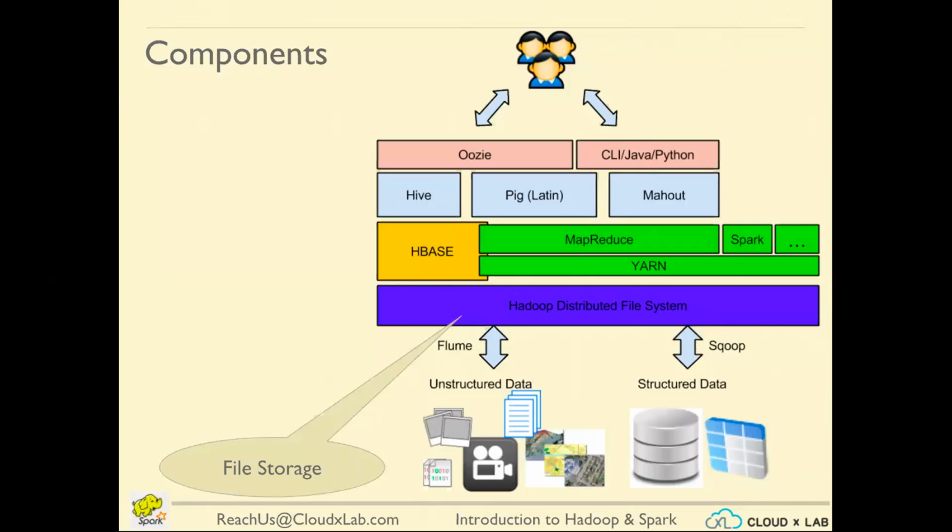It is based on Google's file system, and when Google started, they could not afford really costly hardware. So they built this kind of file system which could utilize many hard disks and many computers.